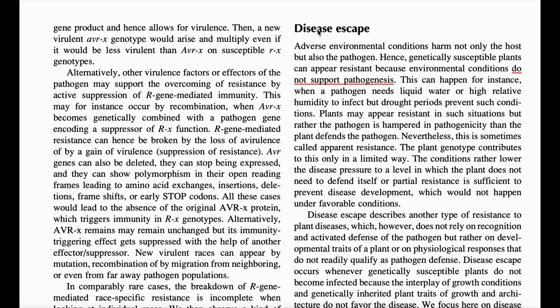The first is a susceptible host. The second is a virulent pathogen. What is the third one? The third one is a favorable environment. So even if the pathogen is attacking the susceptible host, the disease will not occur. Why? Because the environmental condition is not favorable for pathogenesis. Okay, I hope the term is clear now.